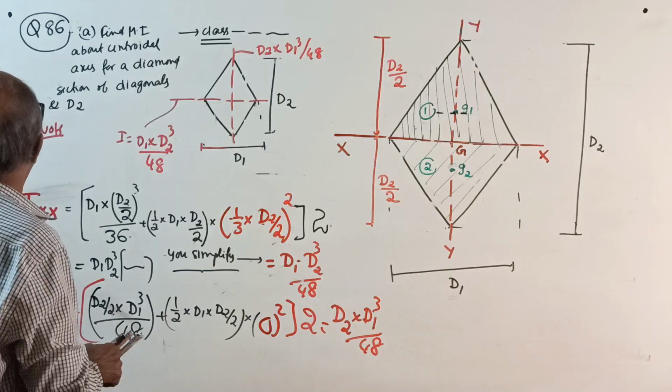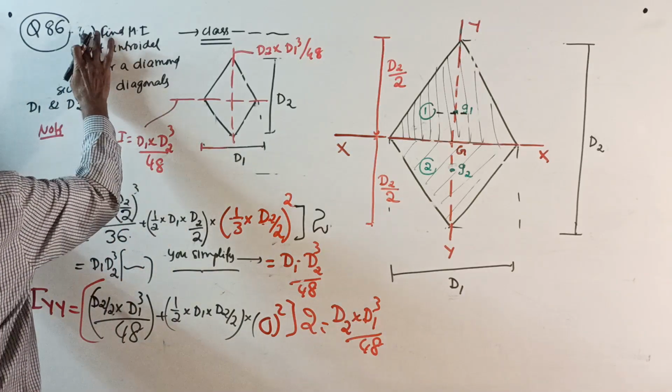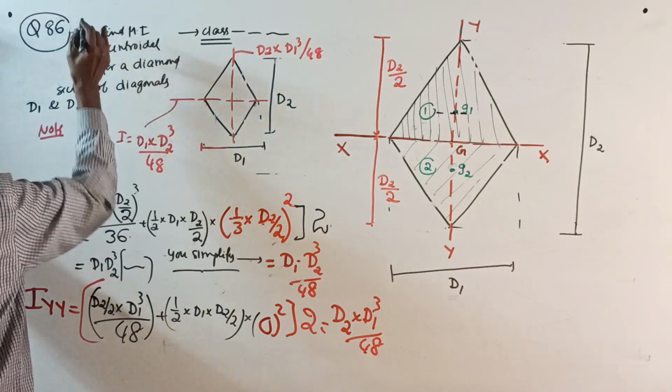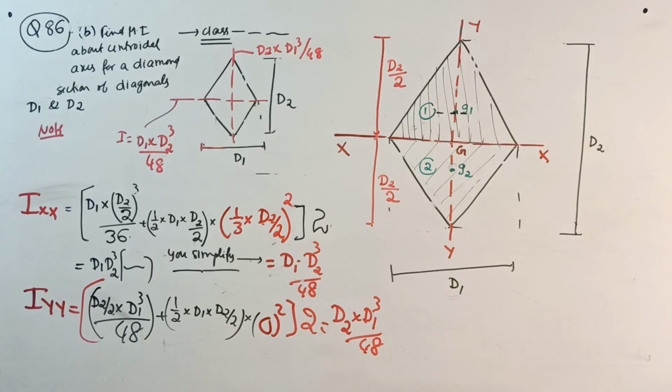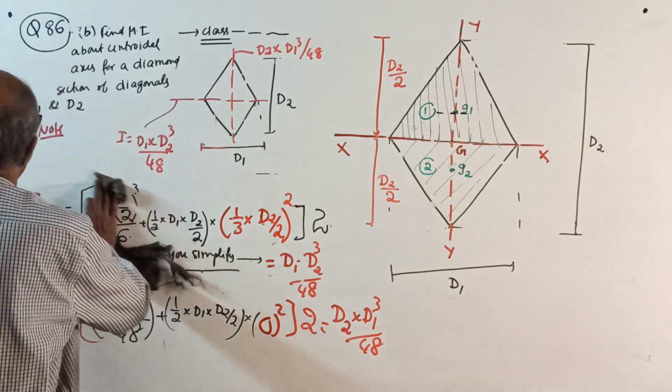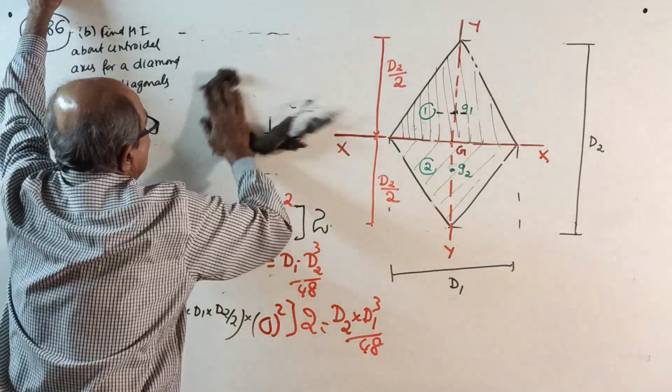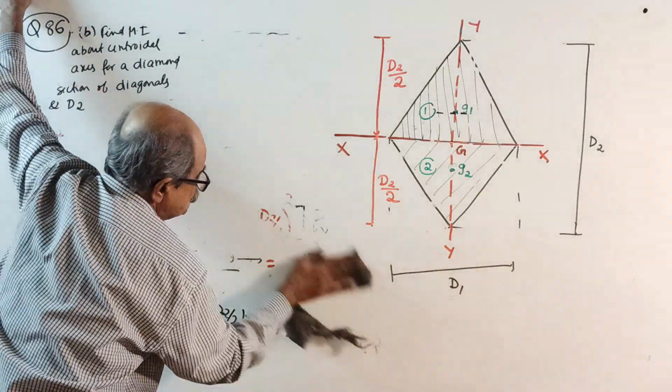Okay, now 86a is over, I will give 86b. It is a numerical. The full exercise, I am not solving. Once I solve with the unknown values and get the answer, you should solve the questions.